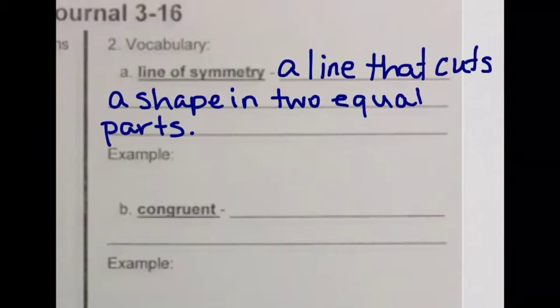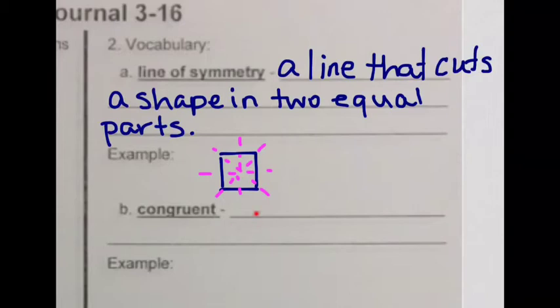A good example of that, we've talked about before, was a square, and that it had a vertical line of symmetry, a horizontal line of symmetry, and both diagonal lines. You could cut it across all those ways and it would fold over and match up perfectly.